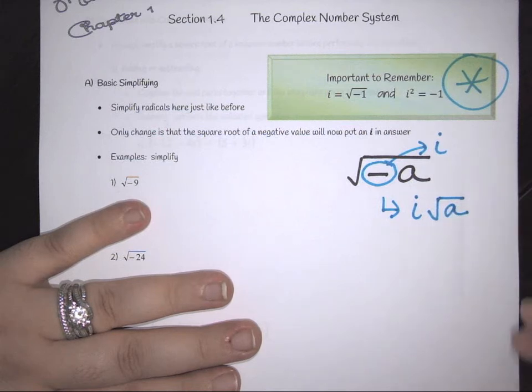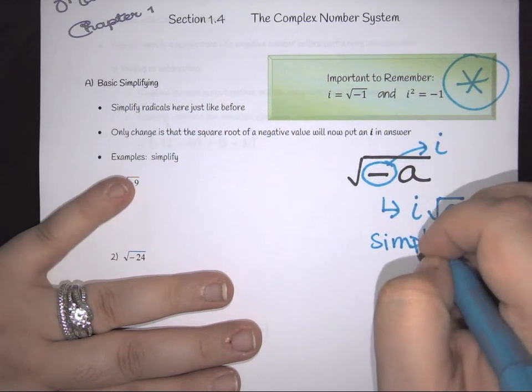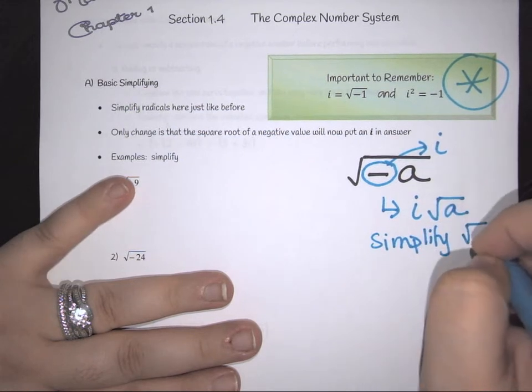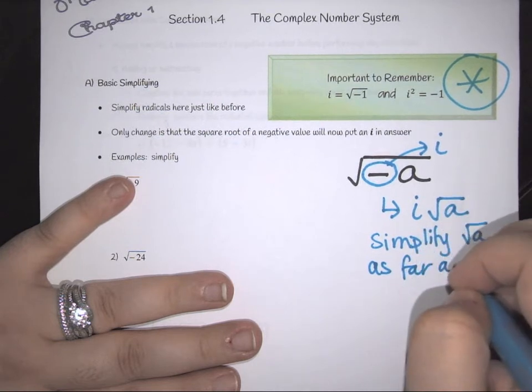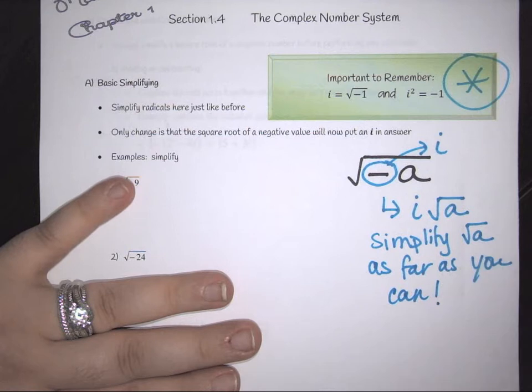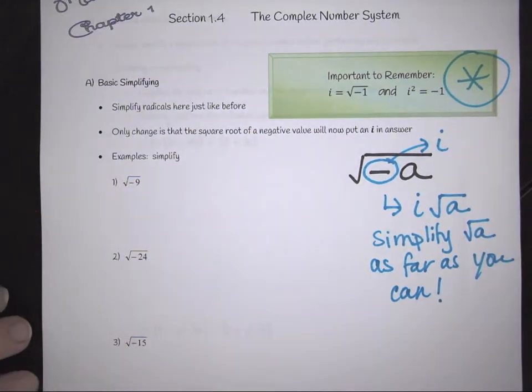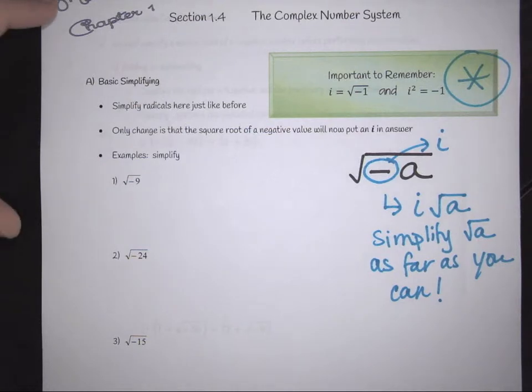The next thing that you would do here is you would simplify the square root of a as much as you can. You want to write your answer as reduced as humanly possible. So once you pull that i out, then the i is along for the ride and it follows you with everything else that you do. Okay?